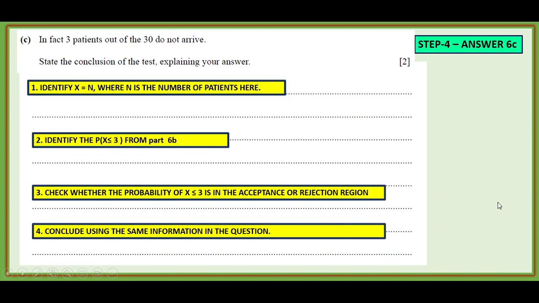The next part of the question is: in fact, 3 patients out of the 30 do not arrive. State the conclusion of the test, explaining your answer. So there are 3 patients out of 30 who do not arrive. So x is equal to 3 and n is equal to 30.